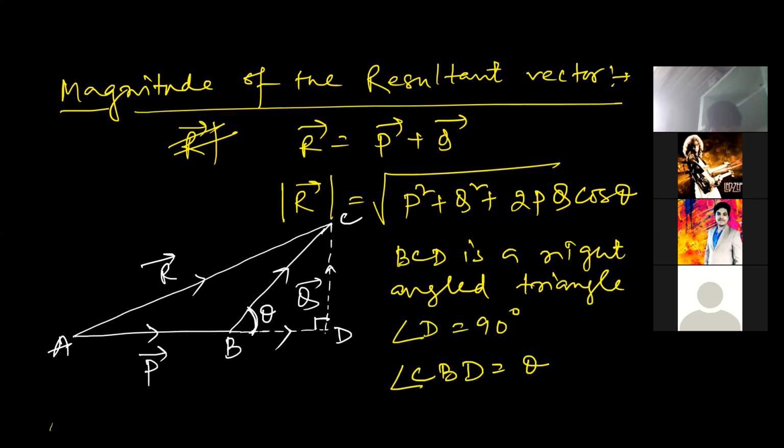Along the side BC, if the Q vector is represented, then what will be the horizontal component? It should be Q cos theta, and along the vertical line, it should have a component of Q sin theta, right? These are the two components, because BC is a side which can be taken as the hypotenuse.